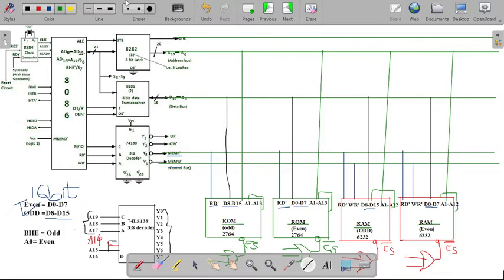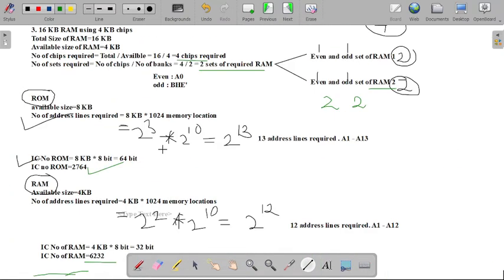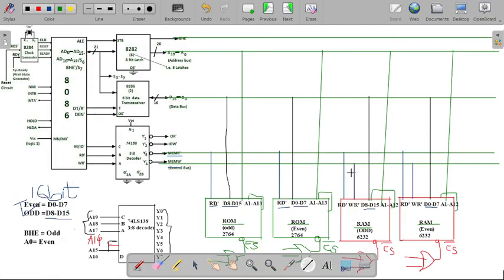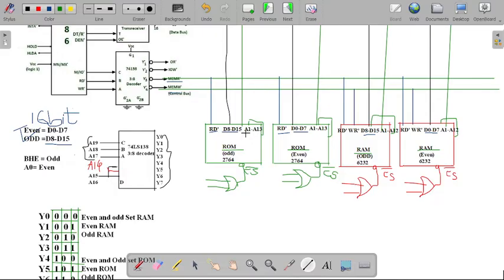So how many address lines will be required? For the ROM, we require 13 address lines, that is from A1 to A13. And for the RAM, we require 12 address lines, that is A1 to A12. So this number is required here, that is A1 to A13 address lines for our ROM and A1 to A12 address lines for our RAM.